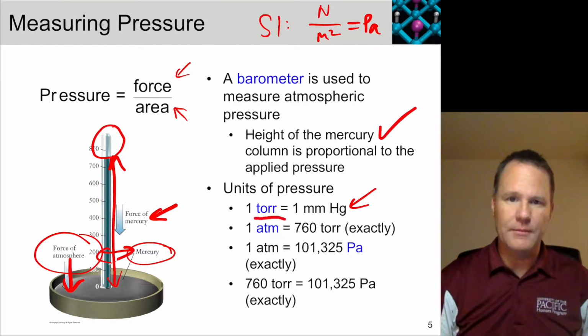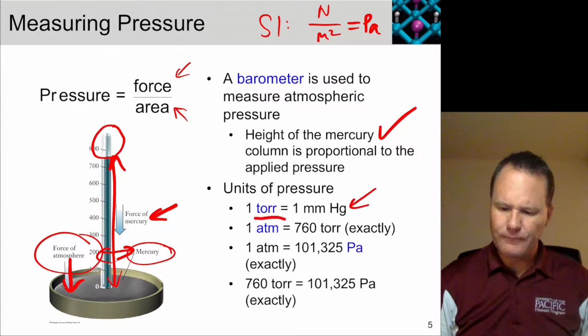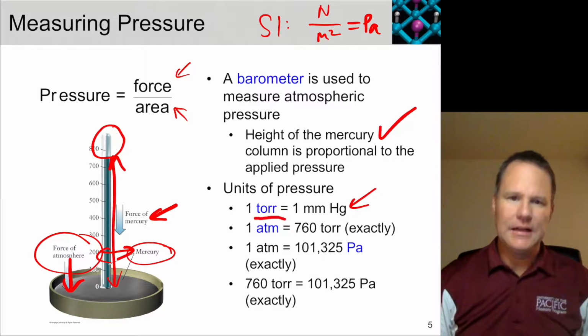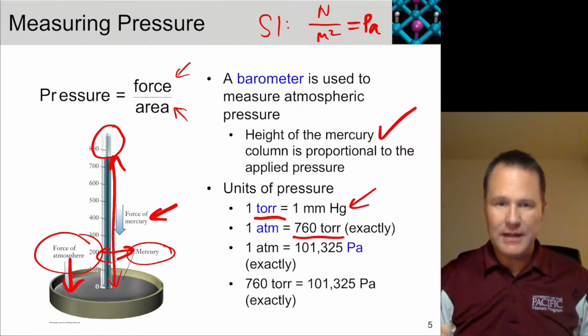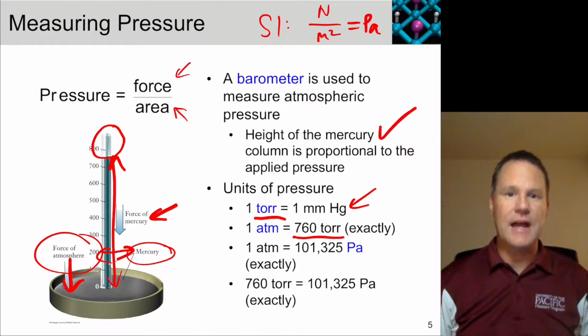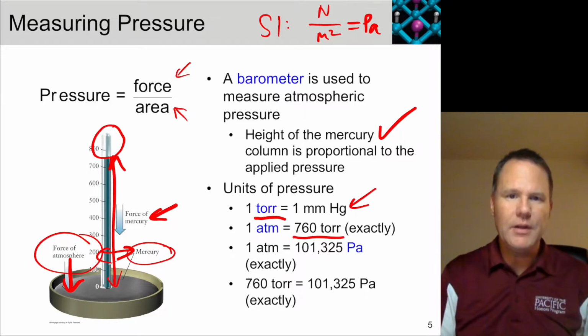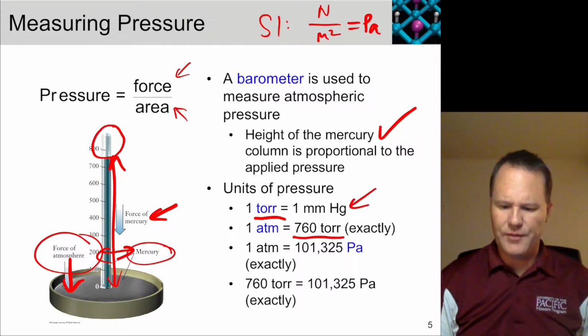That's coming from Torricelli's name. And then roughly, they realized that it's less than 1,000 torr for an atmosphere, and it's actually defined to be exactly 760 torr. Now, you have to memorize this number because we'll do a bunch of conversions between atmospheres and torr. So 760 torr is 1 atmosphere.